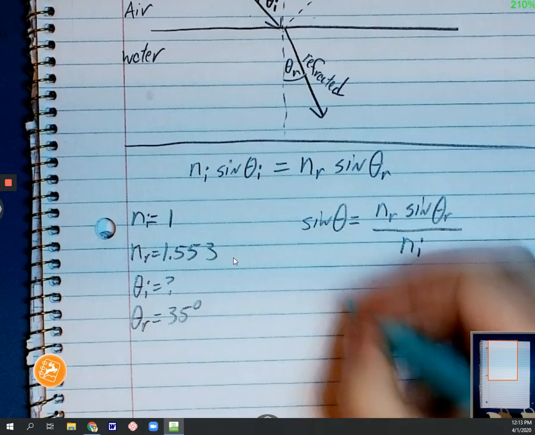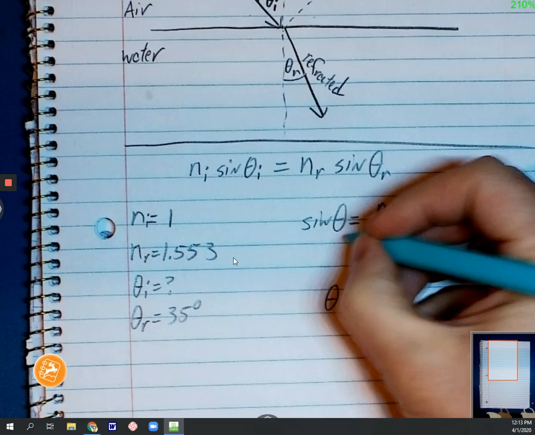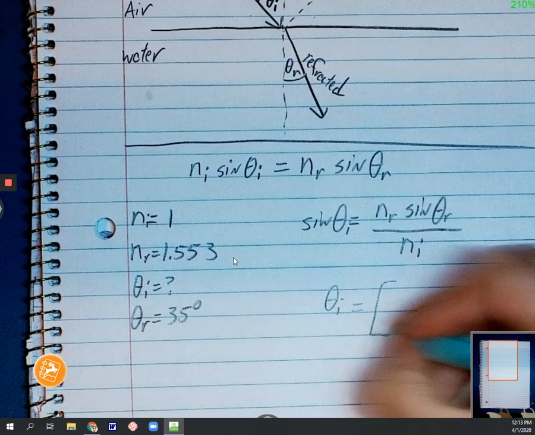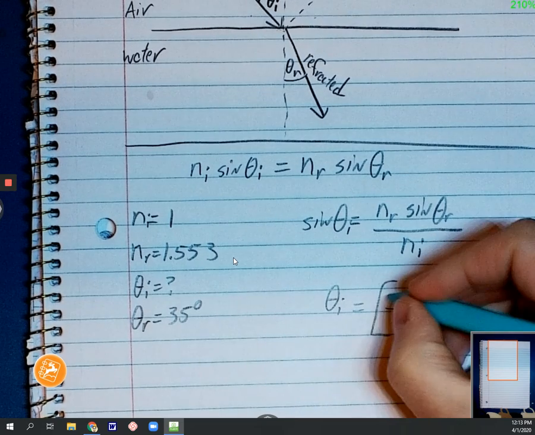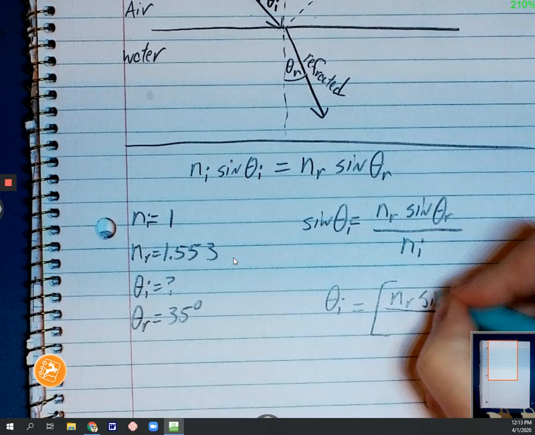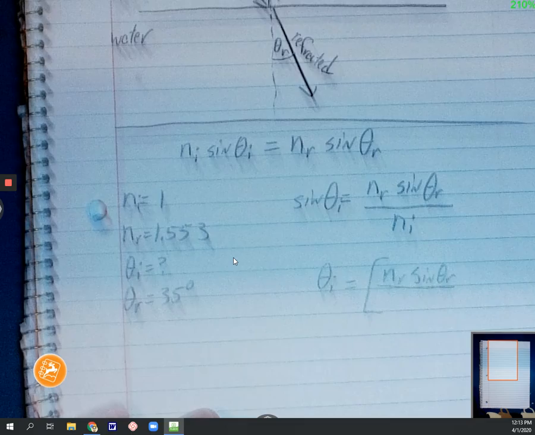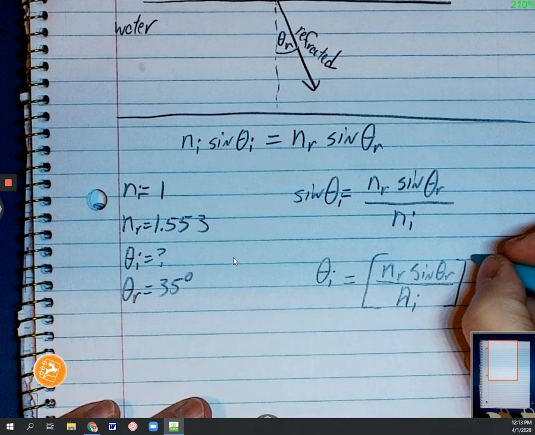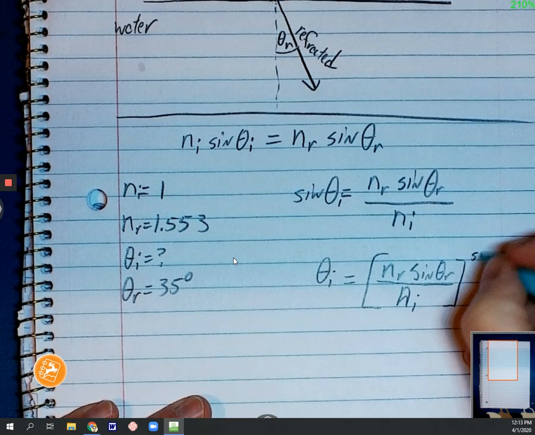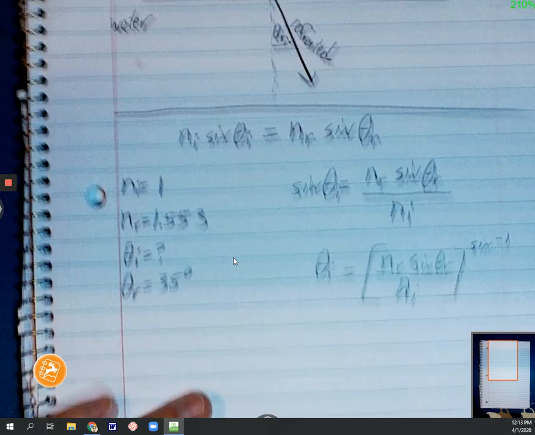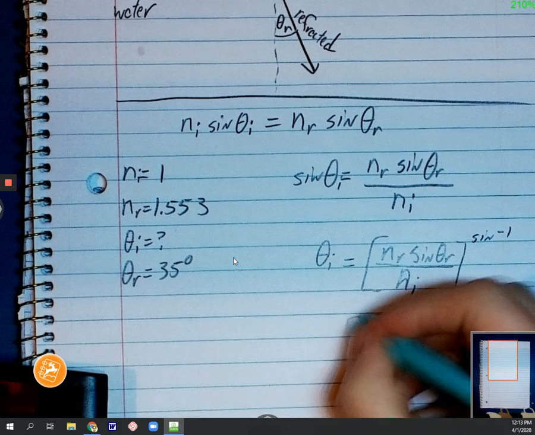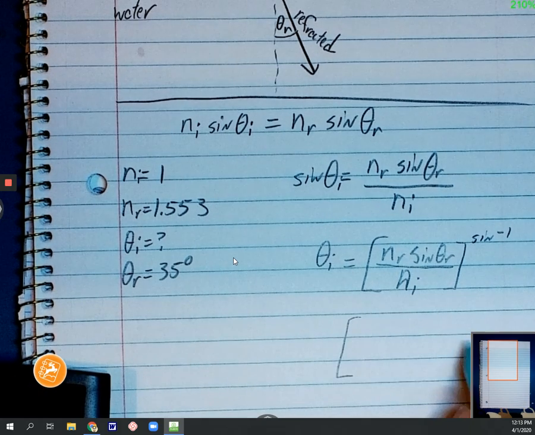So it's going to be theta sub I equals inverse sine of all of this, N sub R sine theta sub R over N sub I. I'm not sure I wrote that in the right place.